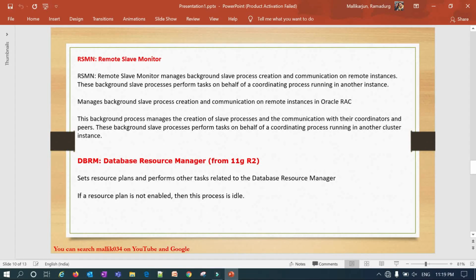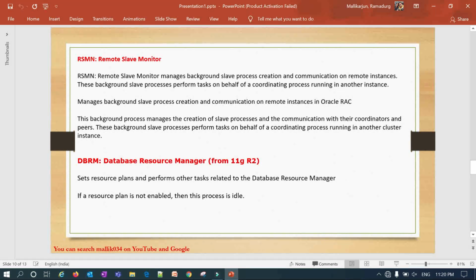Similarly, DBRM is database resource manager. You can set a profile, and you can provide a couple of parameters, like I want 10% of CPU to go to instance 1, and 20% of CPU to go to instance 2. I want 20% IO to go to this instance, and 30% IO to go to this instance.